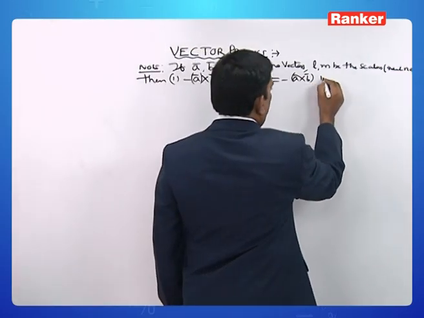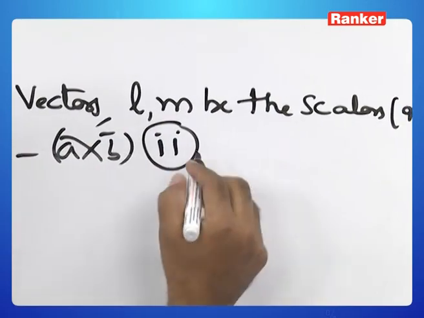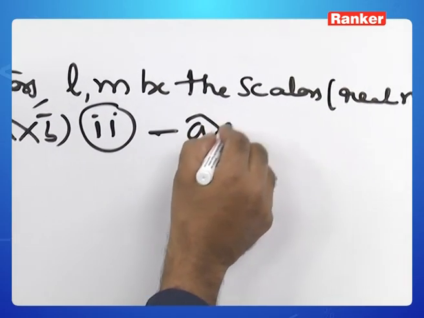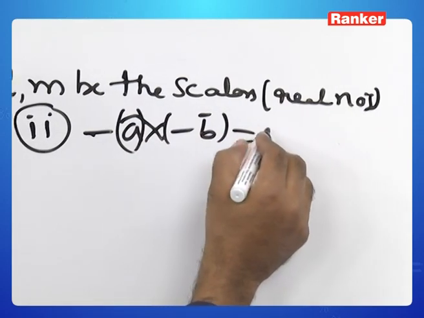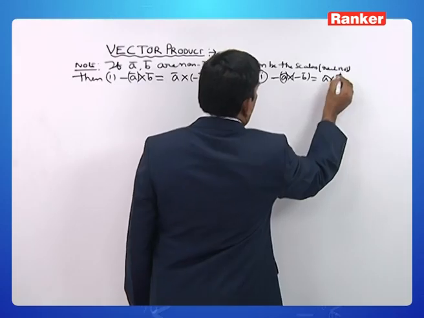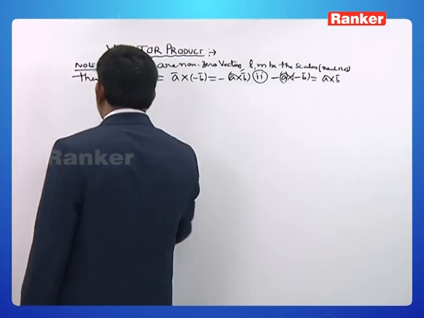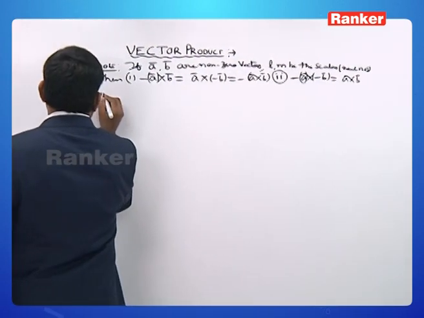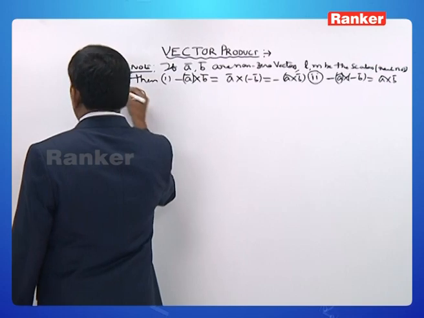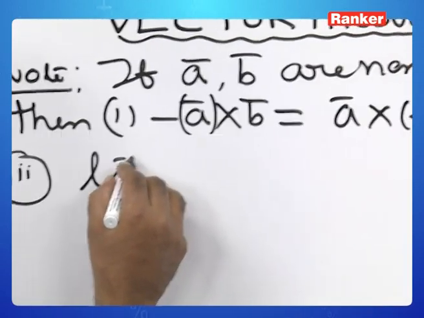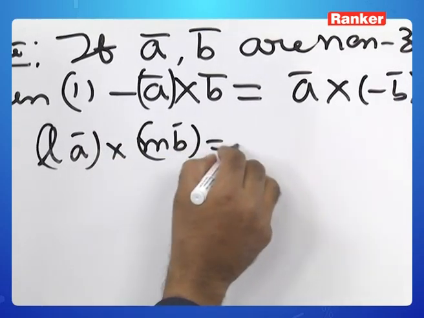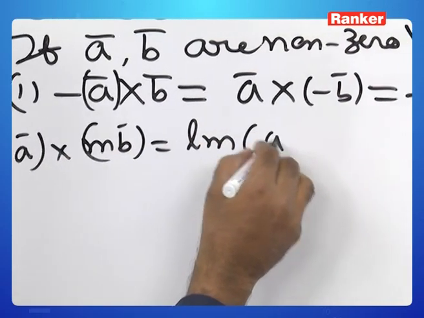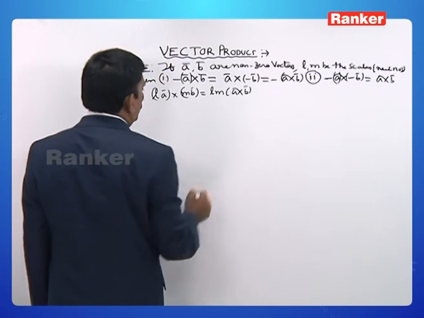Next, the second one is minus A bar cross of minus B bar is equal to A bar cross B bar. Then the third one is L A bar cross M B bar is equal to LM into A bar cross B bar.